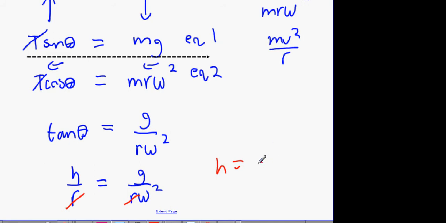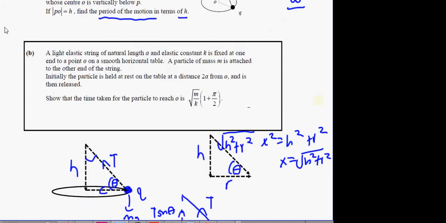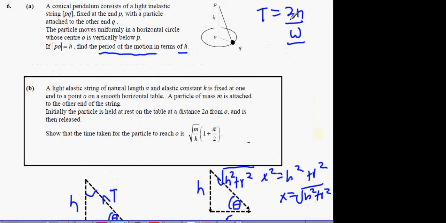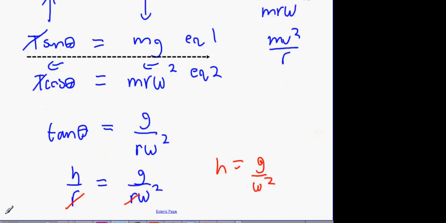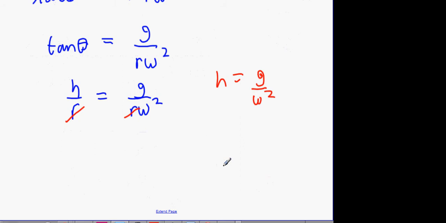Because we want the period in terms of h, we need to isolate the angular velocity. Cross multiplying, omega squared equals g over h, so omega equals the square root of g over h.